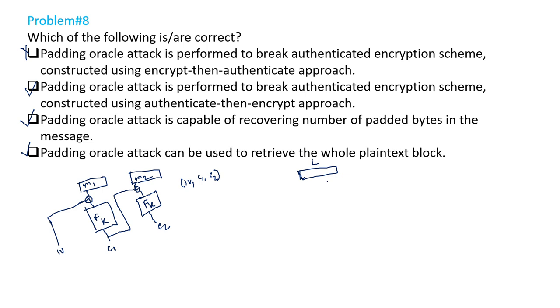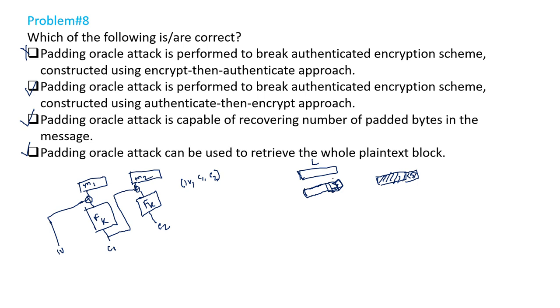Now if the last block has length less than L bytes, we append some number of bytes to make it a total of L bytes in the last block. So let's say your L is 8, and the last block size is 5. You have some content here, but it has size 5 bytes, but each message block is supposed to be 8 bytes in length. Then you add 3 more bytes, each containing the value 3, that is the number of extra bytes.